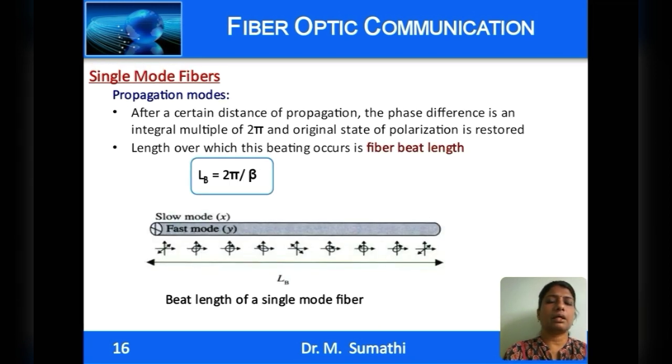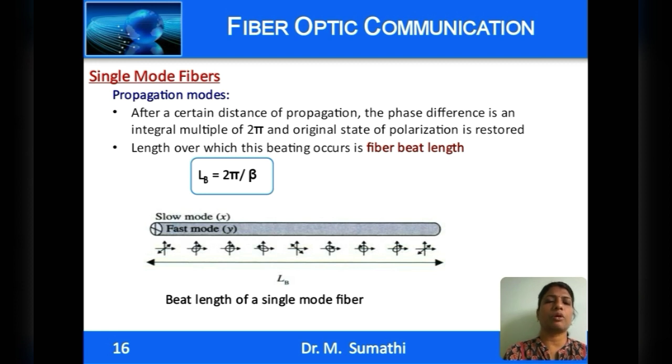As the degenerate modes propagate along the fiber, because of different refractive indices along the two axes, the velocities of the two modes are different, and therefore the phase difference exists, and the state of polarization changes.